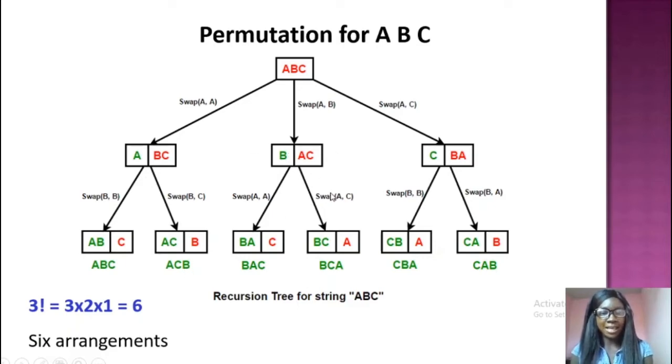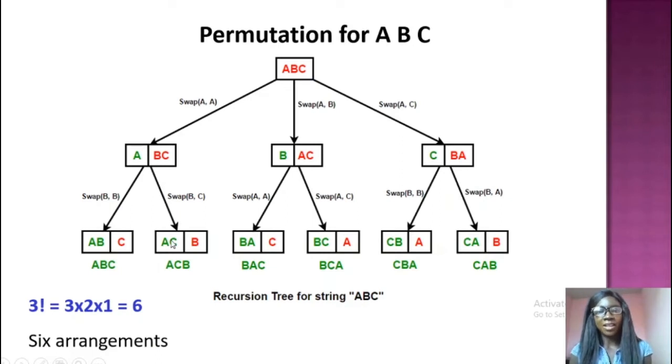Since I drop A at first, the next one I'm going to drop is what? B and C. Here in dropping C, the next alphabet that must not be the same as C is what? AB. All right, so I'm dropping B here now. The next one that must not be the same as B will be what?